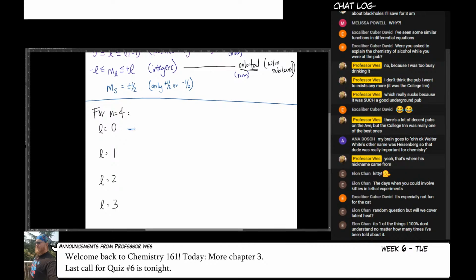Well, if L equals 0, M sub L can be -0 to +0, or in other words, 0. For L equals 1, M sub L can be -1, 0, or +1.